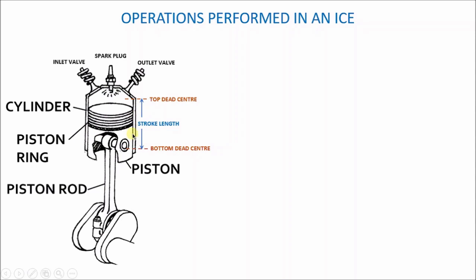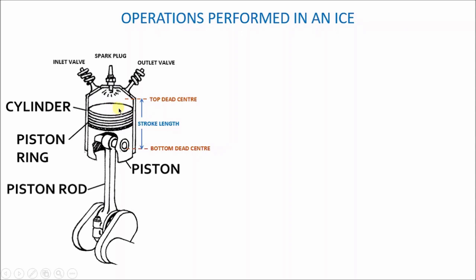And so, as far as the motion of the piston is concerned, the lowest position that the piston can reach inside of the cylinder is referred to as the bottom dead center, BDC. And the topmost position that the piston can reach is referred to as the top dead center. When I say the bottom position that the piston can reach, what do I mean?